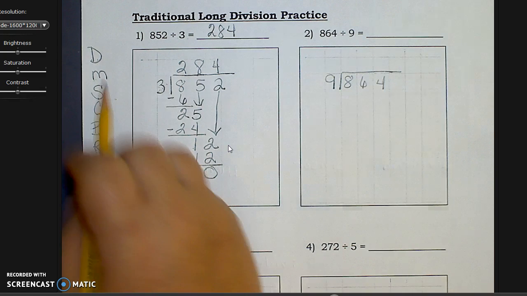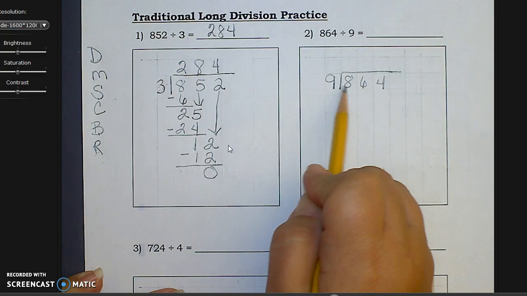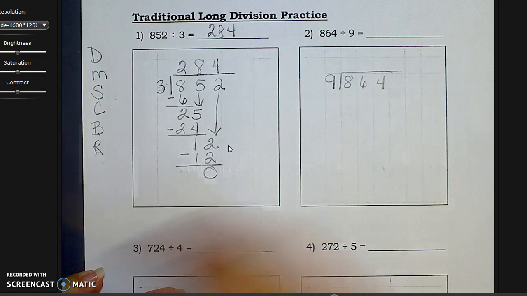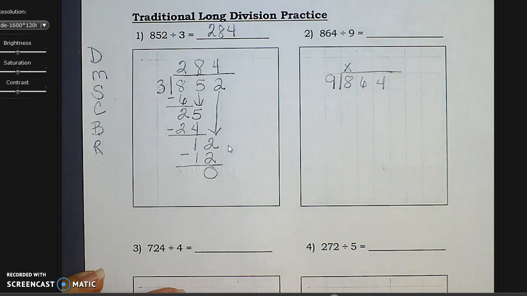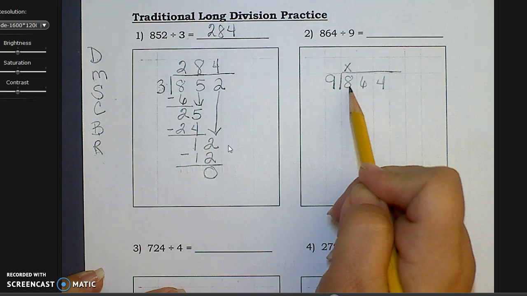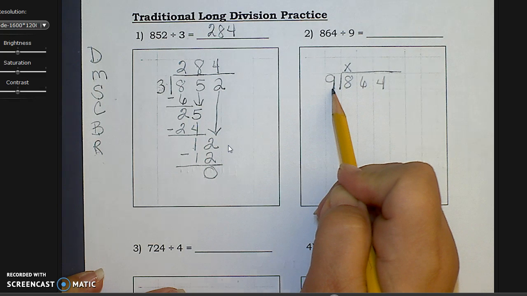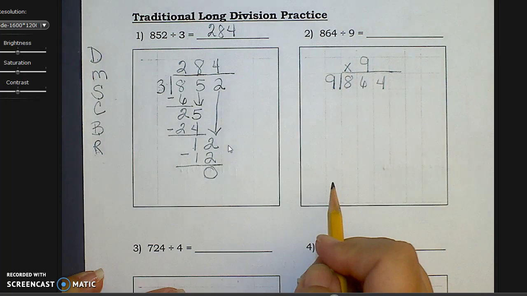Okay, going to follow the same steps we wrote over here. We're going to divide 9 into 8, but 9 doesn't go into 8. So that means I have to skip over it. I usually put an X to mark my spot to say, ooh, I tried it, but it didn't work. So now I'm going to try 9 into 86. Well, I know 9 times 9 is 81, so that's pretty close. I'm going to try it. Put my 9 there.